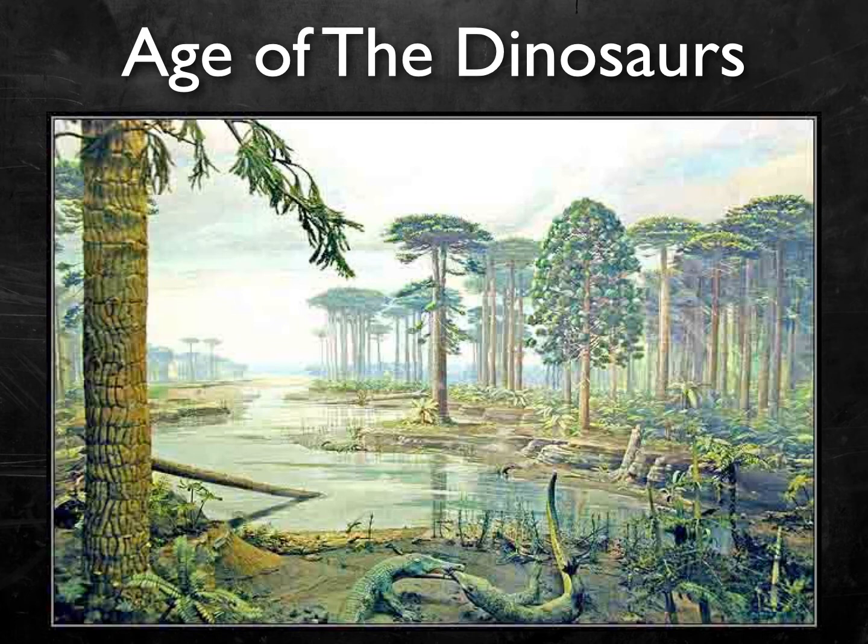Okay, so here's a famous painting of the dinosaurs in the time period, and I like the fact they got most of the trees right there. They've got some stuff going on. Got two apparently crocodilian-looking things sort of fighting there in the background.